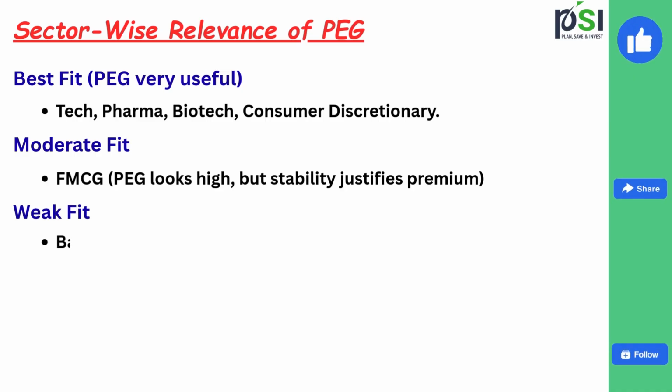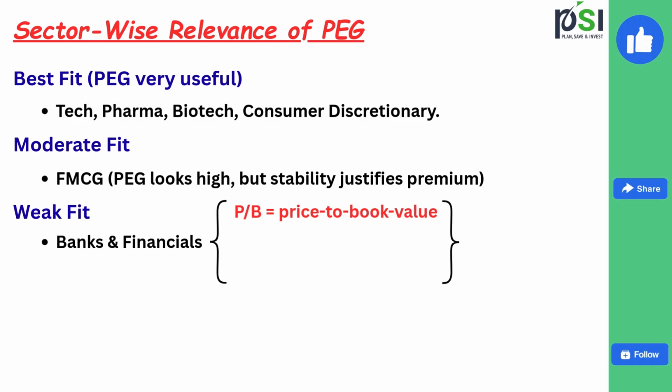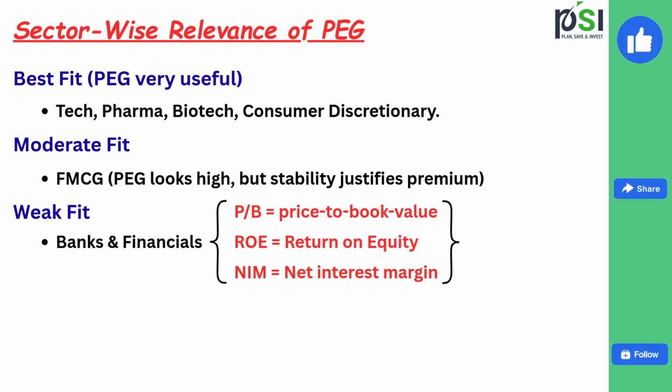Weak fit for banks and financials. For banks and financials, PEG doesn't give a meaningful sense. So for banks and financials, better to use price to book value. For banks, price to book value is the actual valuation, along with return on equity and NIMs, net interest margins.